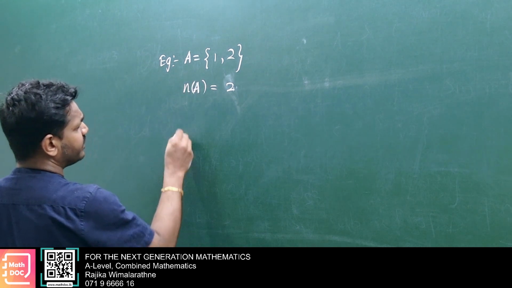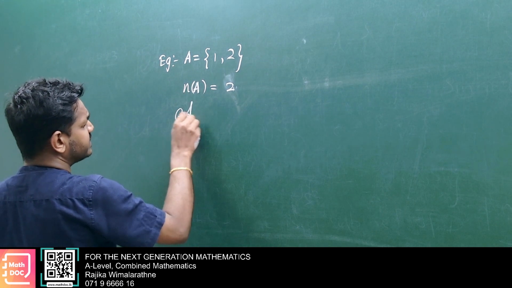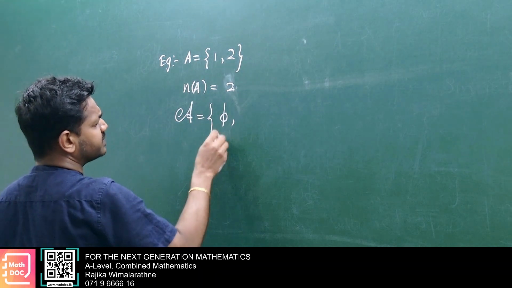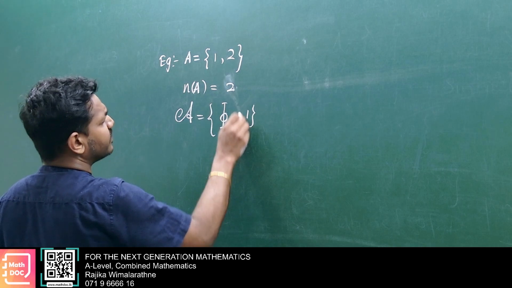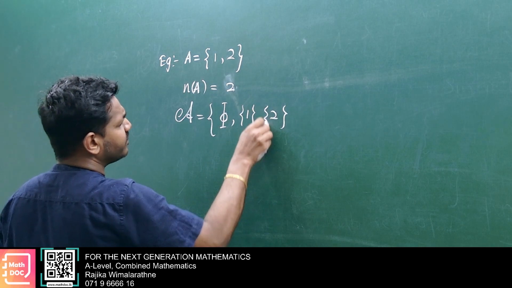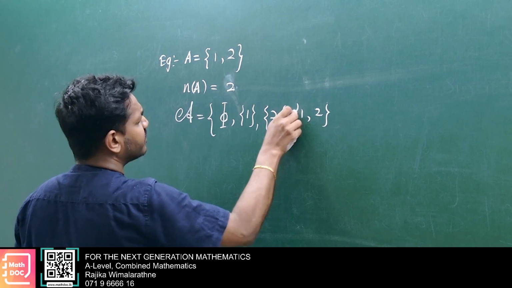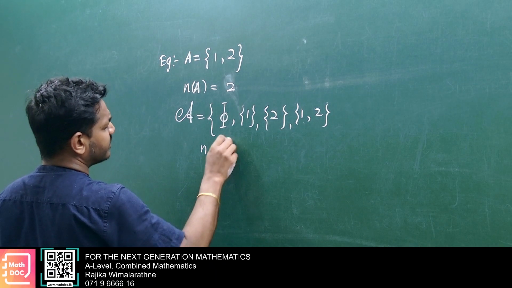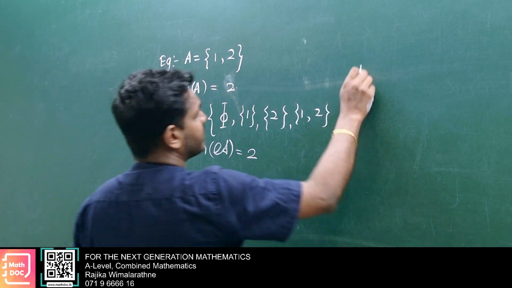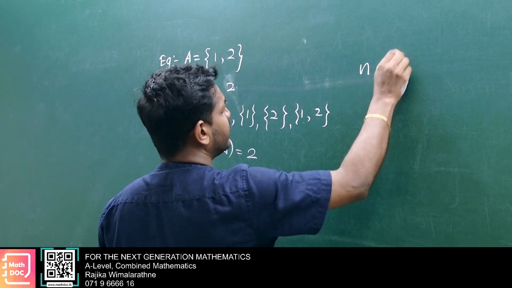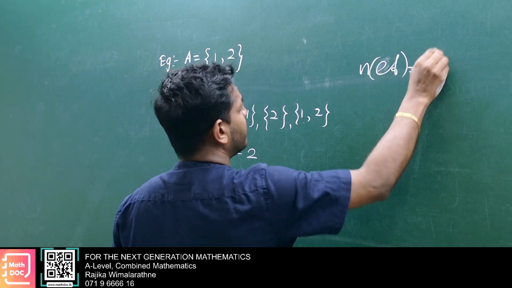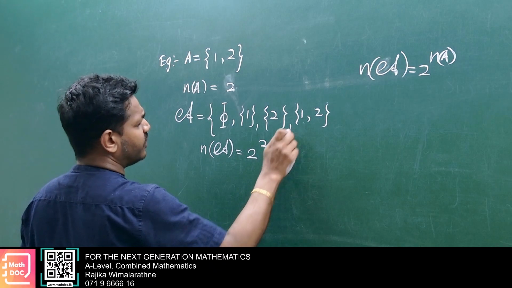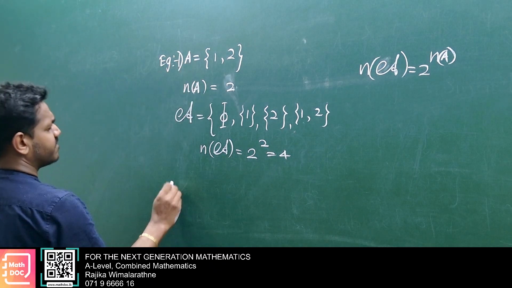Here this is the power set of A. You try to split out all subsets: null set, {1}, {2}, {1, 2}. The power set of A has 2 to the power n(A), that is 2 squared, so we have 4 elements.